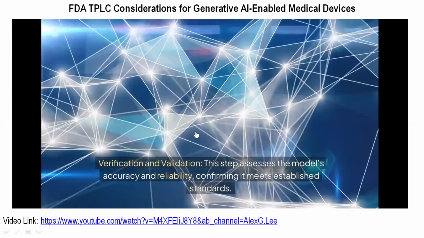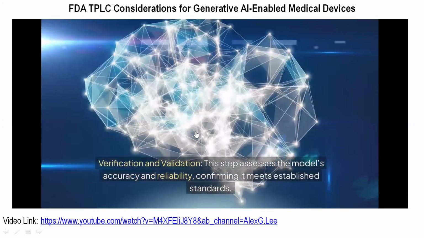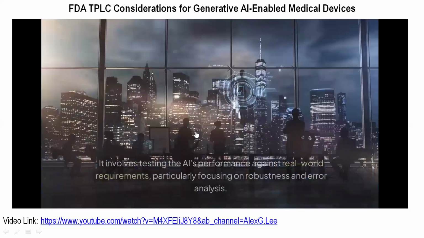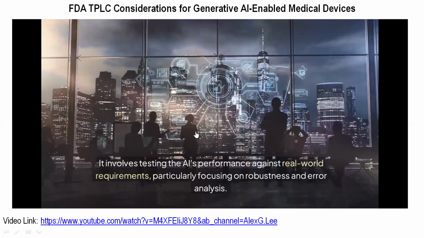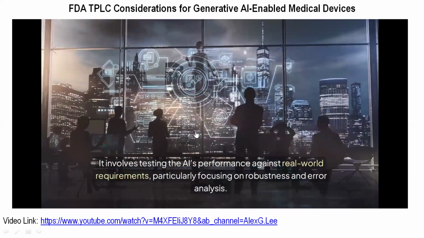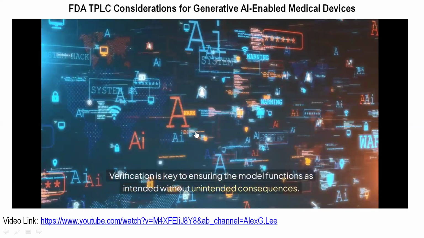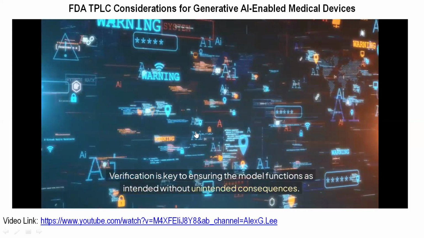Verification and validation. This step assesses the model's accuracy and reliability, confirming it meets established standards. It involves testing the AI's performance against real-world requirements, particularly focusing on robustness and error analysis. Verification is key to ensuring the model functions as intended without unintended consequences.